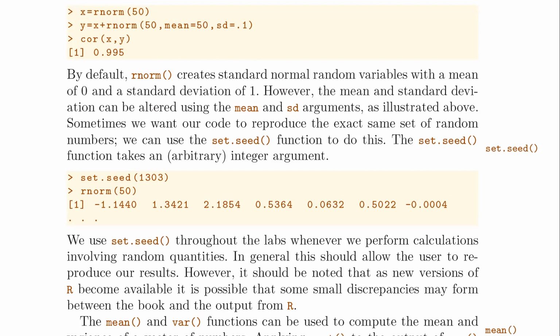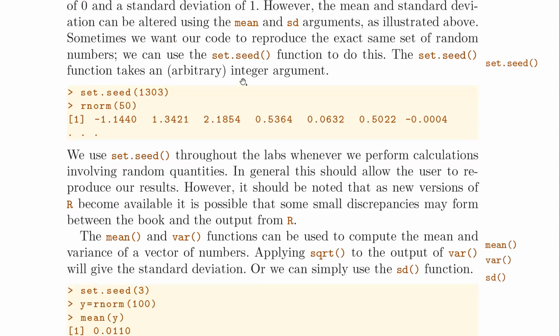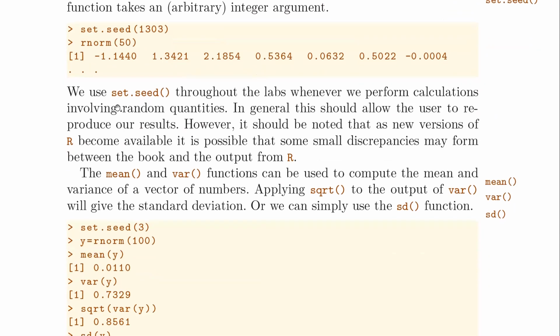Sometimes we want our code to reproduce the exact same set of random numbers. We can use the set.seed function to do this. The set.seed function takes an arbitrary integer argument, for example, 1303. We use set.seed throughout the labs whenever we perform calculations involving random quantities.